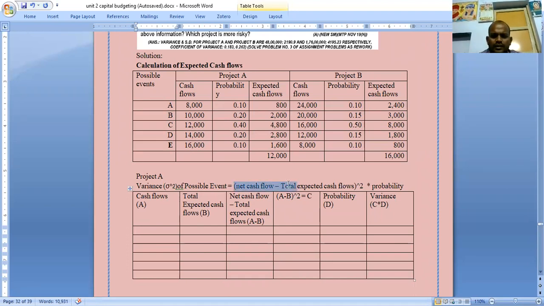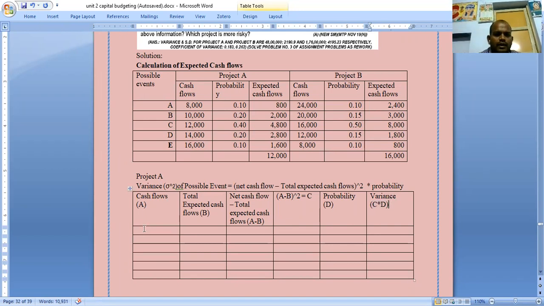Total expected cash flows we have to deduct and then square it. Then we have to multiply with the probability. So finally variance will come.